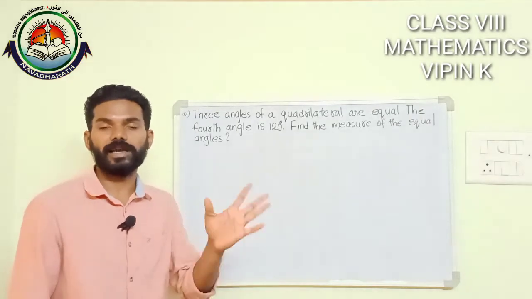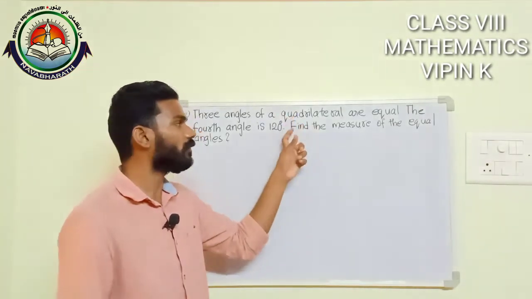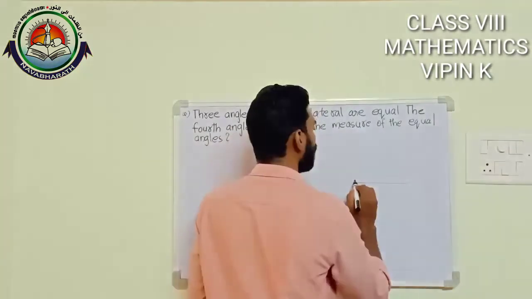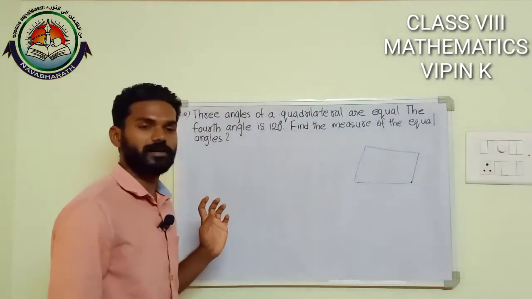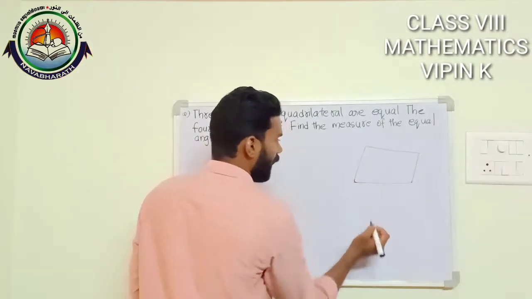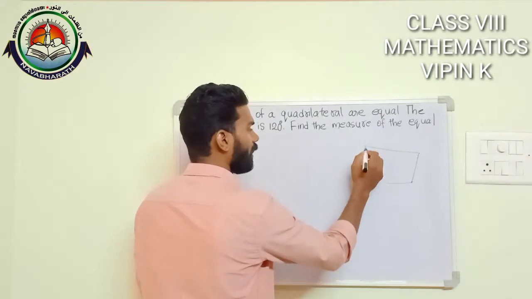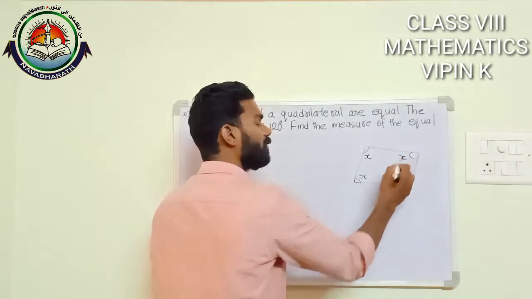The angles x. So how can you draw a figure of this question? First of all, simply draw a quadrilateral. Just like this, I am drawing a quadrilateral. Now mark the angles of the quadrilateral. You can mark three angles as x itself because three angles are equal.